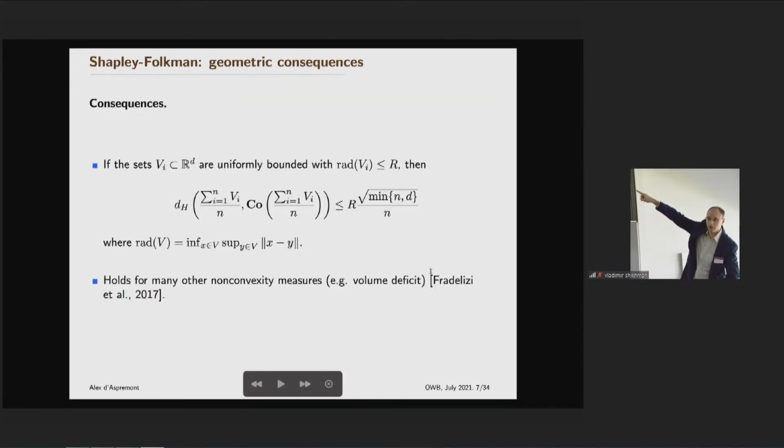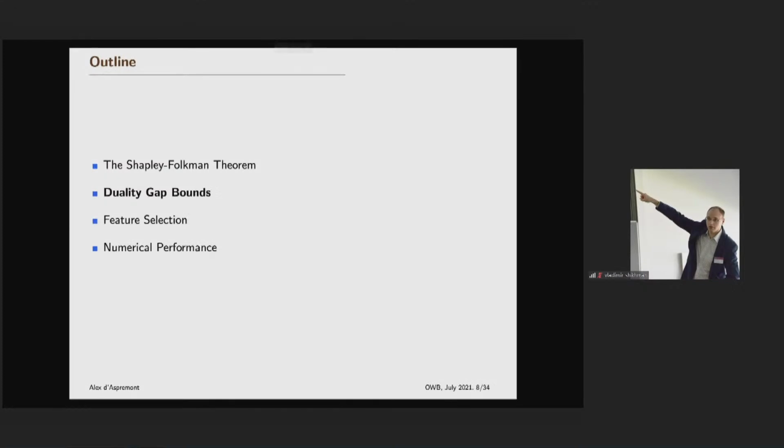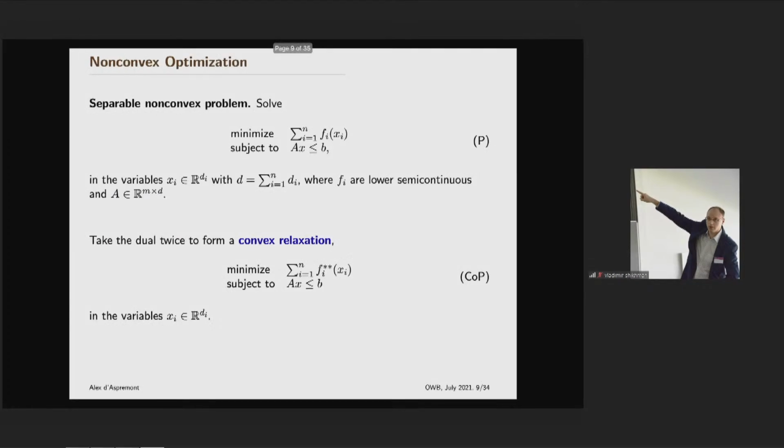And there's a very nice paper by Fradelizi and others in 2017 going through a number of these non-convexity measures to show convergence. So why do we care? Geometrically, it's an interesting phenomenon, but at this point, it's just that. Why do we care? Well, we care because this also allows you to write duality gap bounds for separable problems.